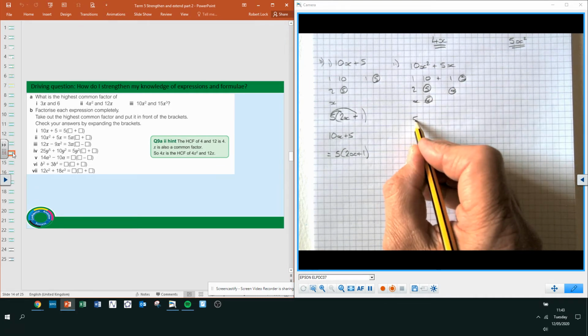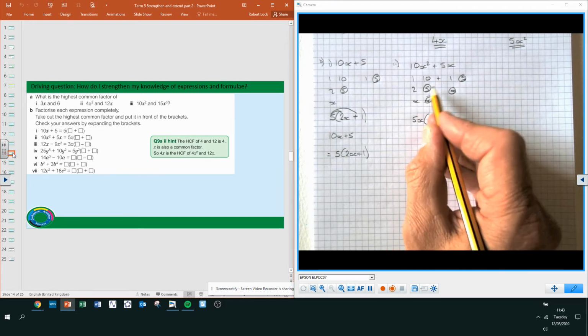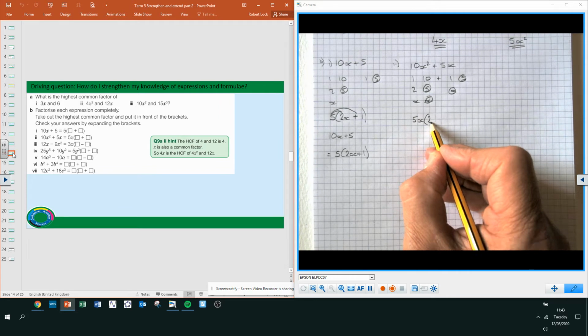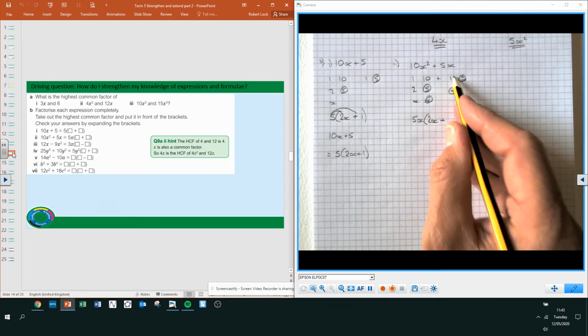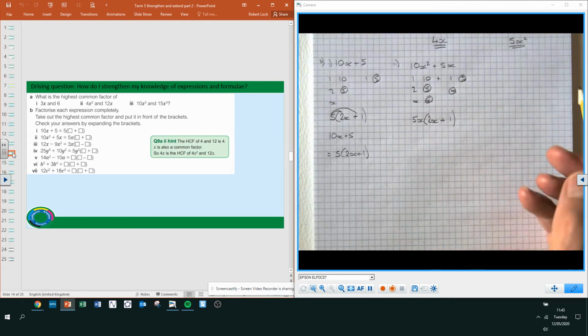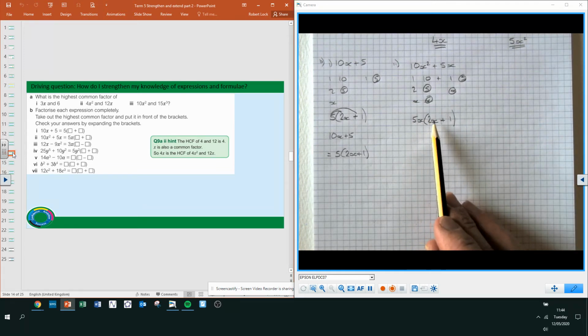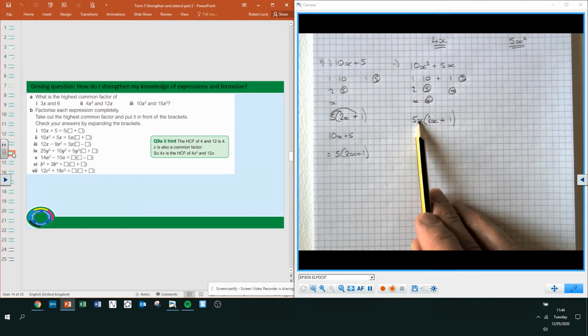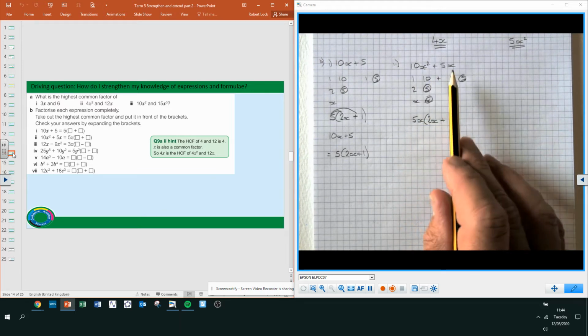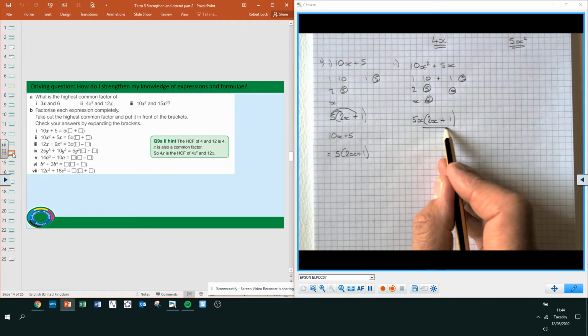So 5x goes on the outside of a bracket. 2 and x are not being used, so put those inside the bracket, plus 1. Close bracket. We know 5x times 2x is 10x squared. 5x times 1 is 5x. So your answer is there.